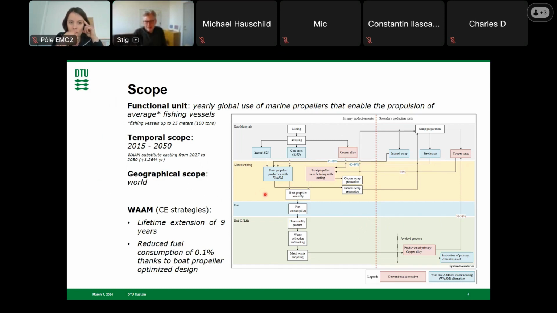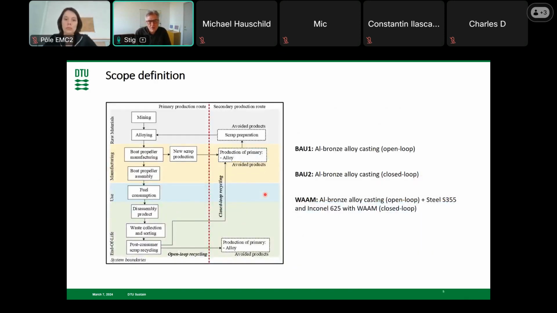At least the partners of the project who are producing the propeller estimate that they can reduce fuel consumption by about 0.1% due to this optimized design of the boat propeller during the use stage of the fishing vessel. And that turns out to be a very important part of the overall system here.